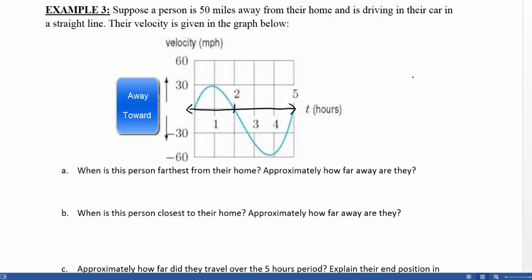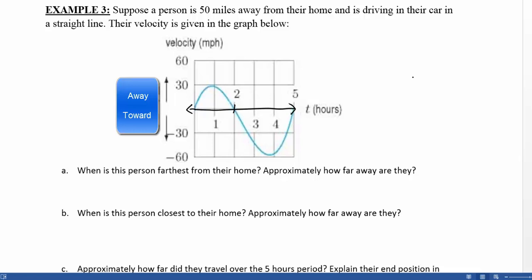I want you to remember that if we look at the area under a velocity curve, it's going to tell you your change in position. So from time 0 to time 2, the area under the curve is positive, which means that my distance away from home is increasing. And then from time 2 to time 5, the area under the curve is negative, which means I've turned around, so the distance away from home is decreasing.